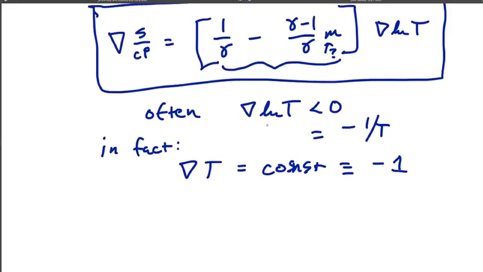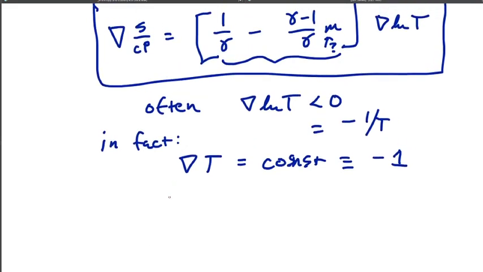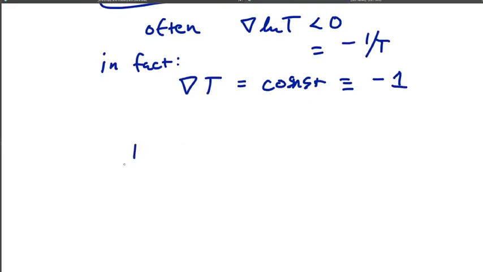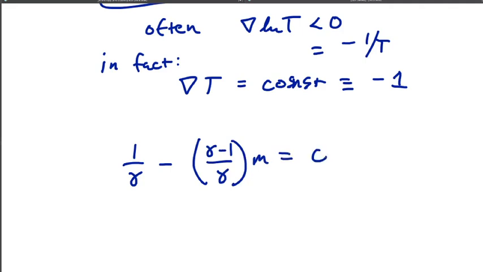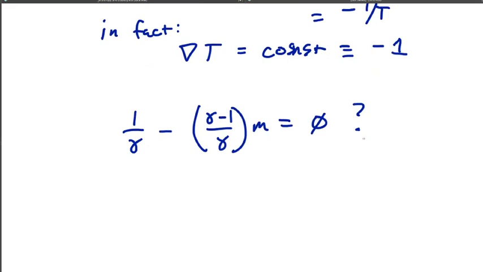So let's consider the special case where this thing is equal to 0. Is there a solution to 1 over gamma minus the quantity gamma minus 1 over gamma times m equals 0? If that special case exists, and it doesn't require absurd or extremal values of m, then we could see that there'd be both a positive entropy gradient regime and a negative, unstable entropy gradient regime.